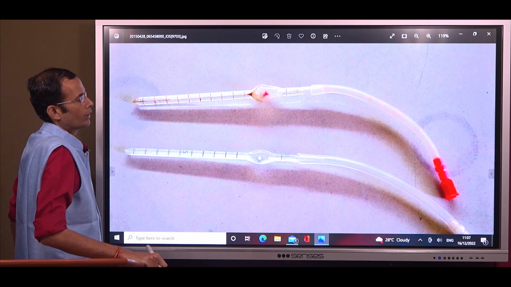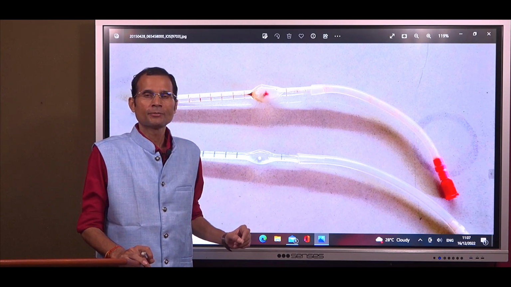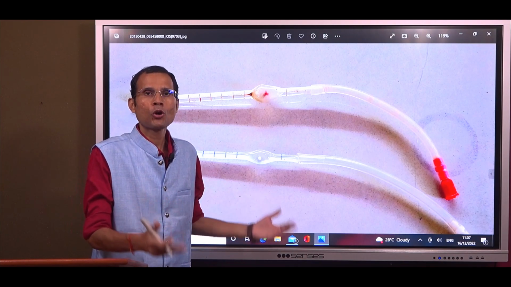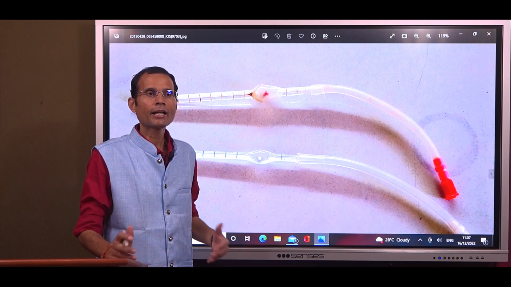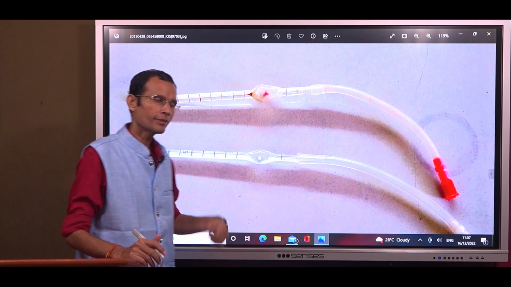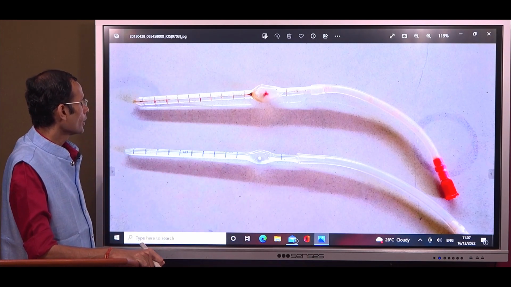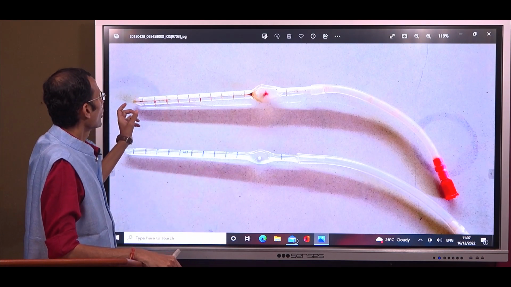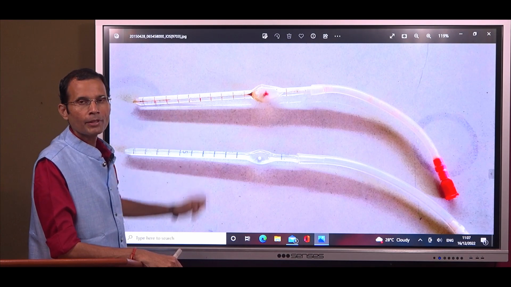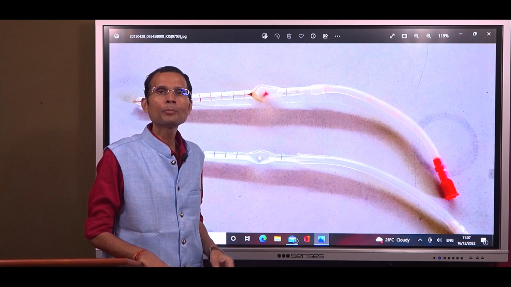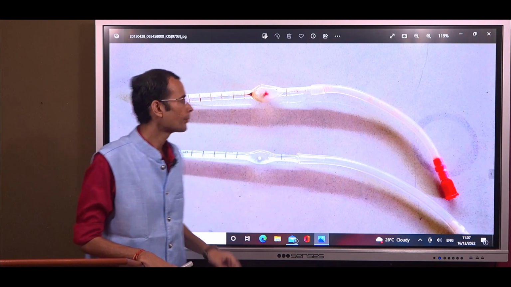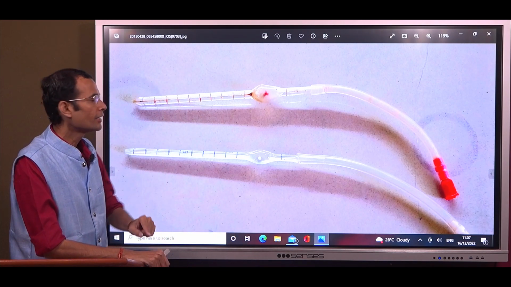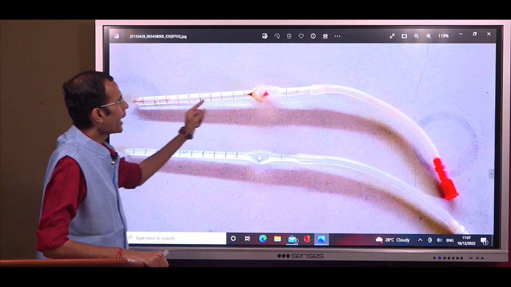Okay. Now let's see the procedure and try to understand what goes wrong with the procedure and how the students answer some questions incorrectly. Let's say RBC pipette. We will take the blood sample up to the 0.5 mark, and then we start taking the diluting fluid.